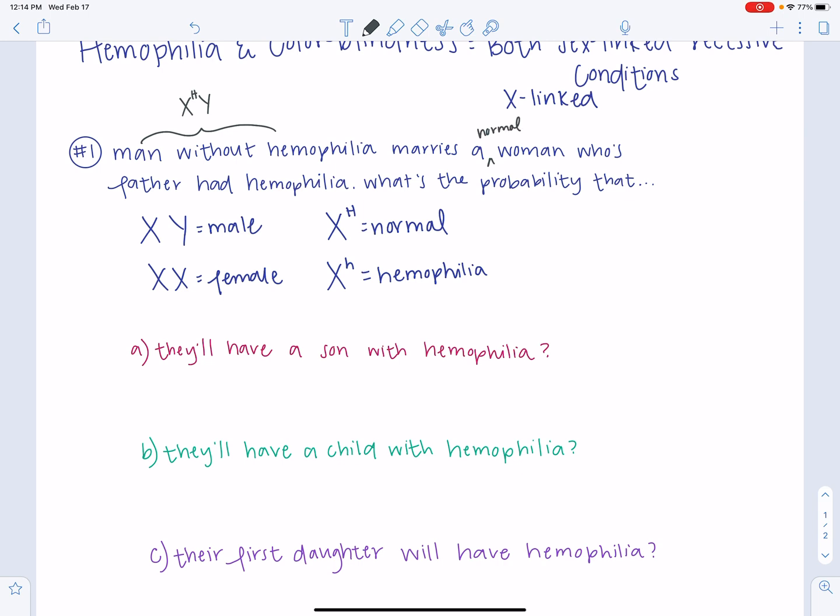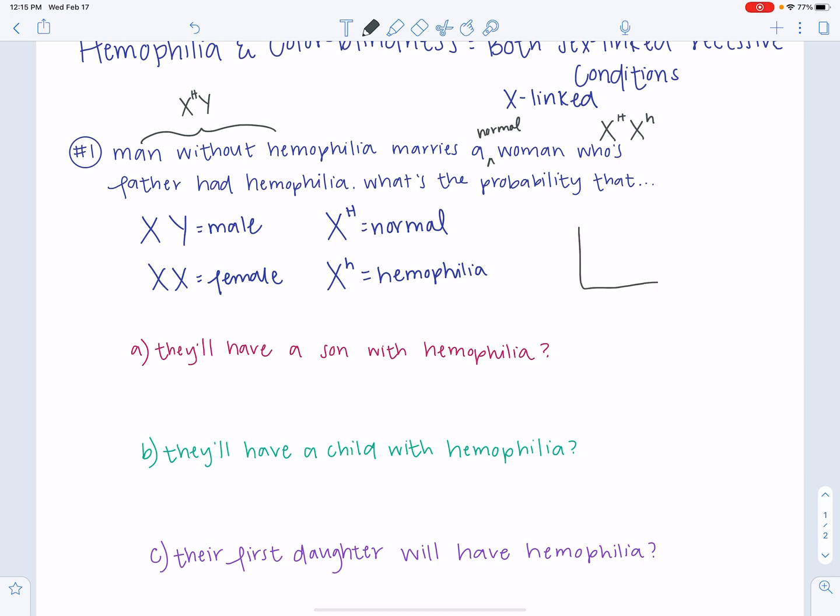So she doesn't have hemophilia either, but her father did. If she is XX and doesn't have hemophilia, she must have an X big H. But since her father had hemophilia, the only X chromosome he could give carried the hemophilia allele. So that is her genotype.